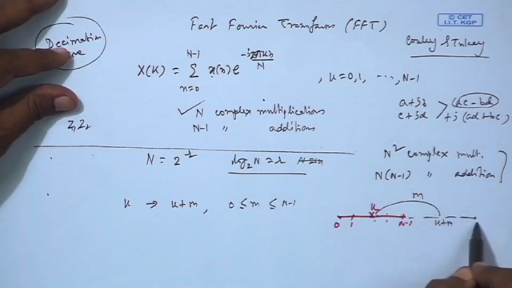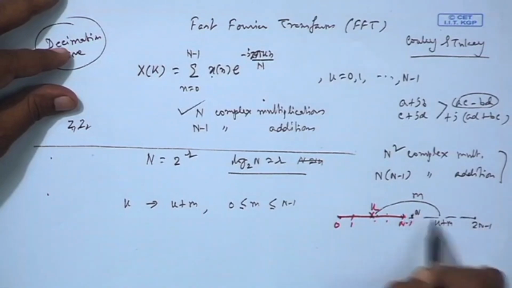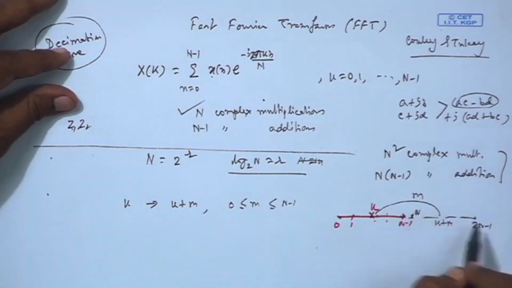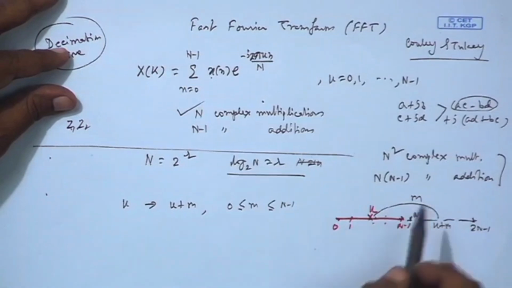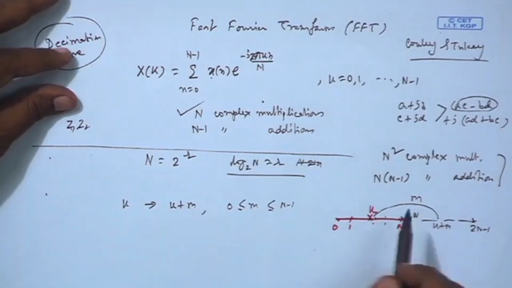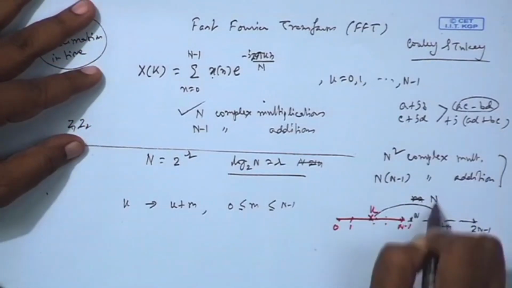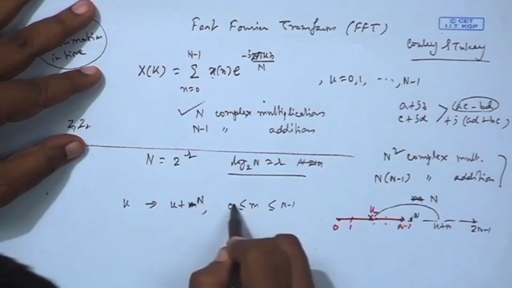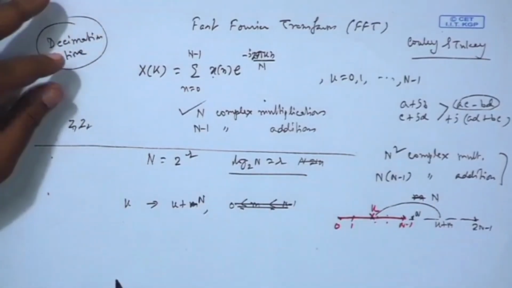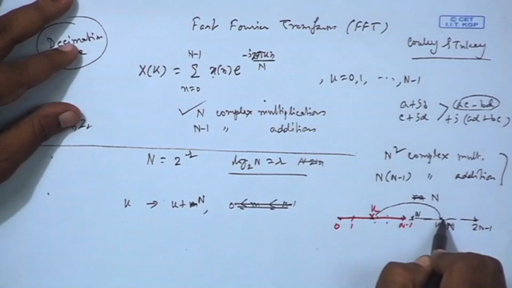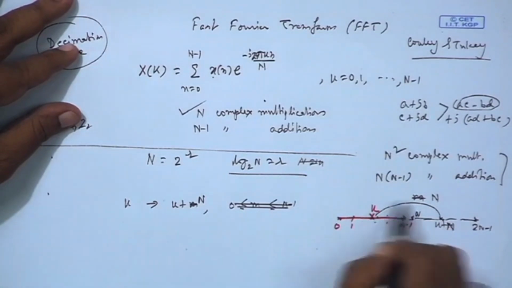If I do not take an arbitrary m but a specific m equal to capital N, then it will be k plus N, and you start anywhere from 0 to n minus 1 and then jump by N.